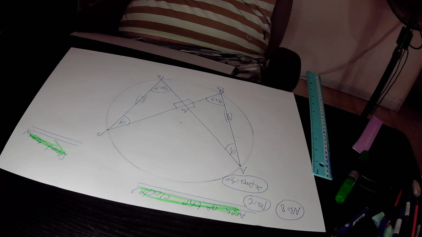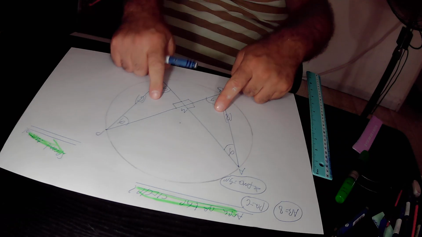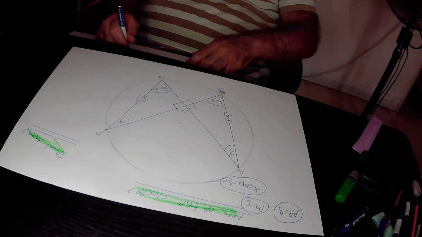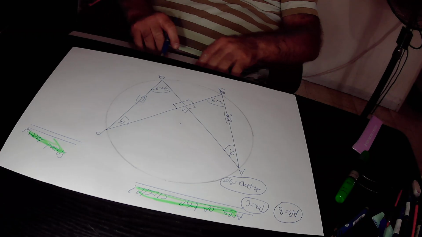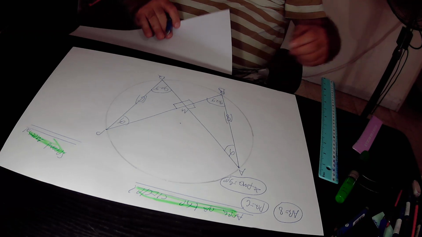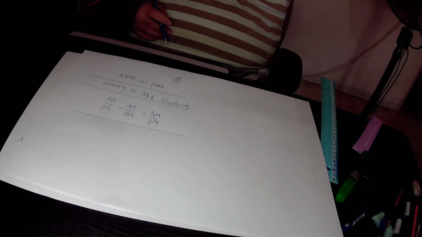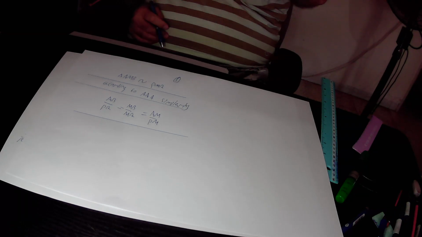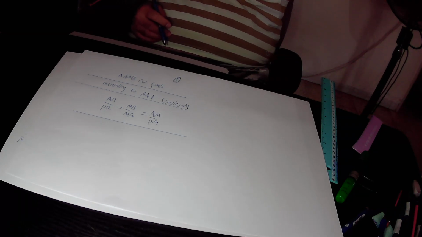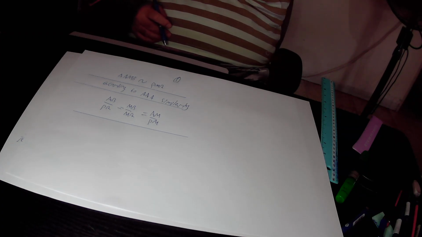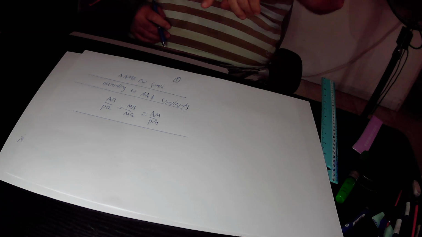And again, from the fact that those two right triangles are similar to each other, we derive that the following relationship exists between their sides. We derive that side AB of the right triangle AMB or side PQ of the right triangle PMQ is equal to side MB of the right triangle AMB or side MQ of the right triangle PMQ, and it is also equal to side AM of the right triangle AMB or side PM of the right triangle PMQ.